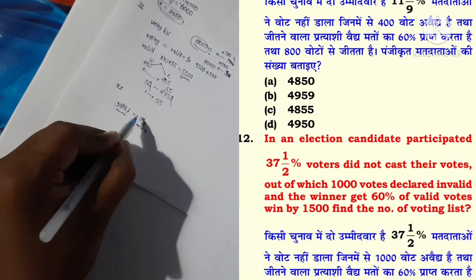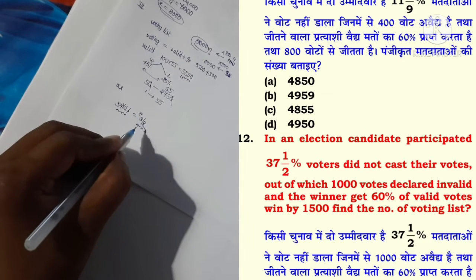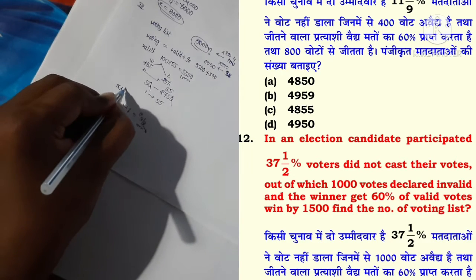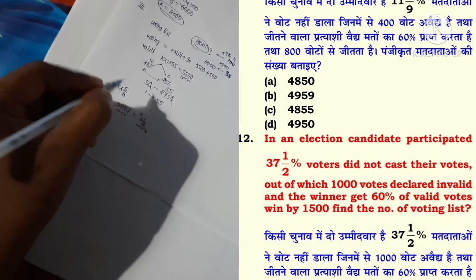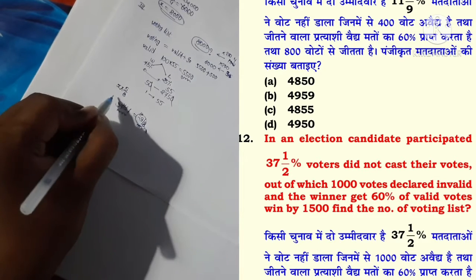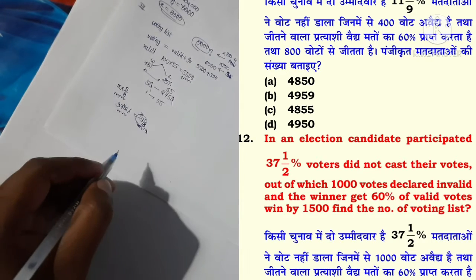So out of 8 persons, 3 did not cast their votes. That means the voting is 5 by 8.